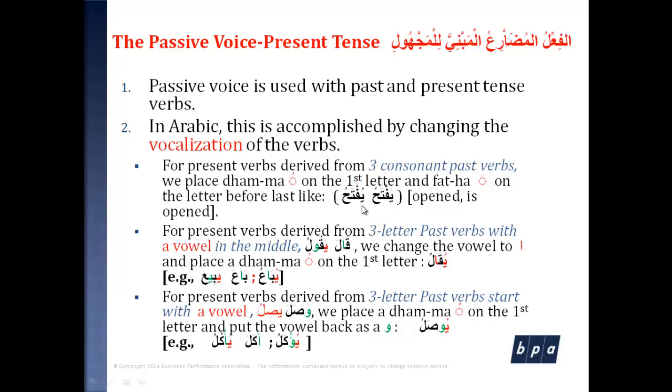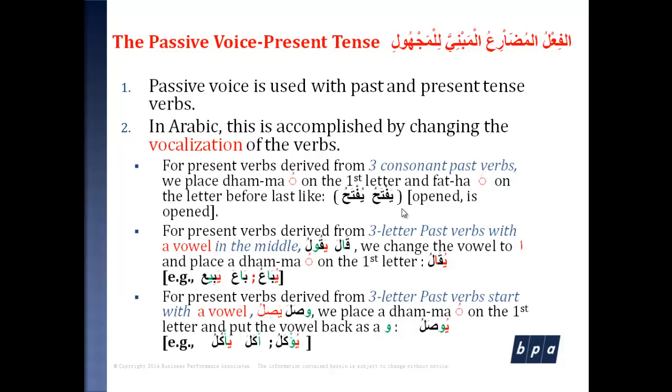Then if you want to make it a passive voice, you change the first letter to a dhamma, and you go to the letter before last and you make that a fatha. This is already a fatha, so we maintain that. So yaftahu becomes yuftahu, the passive voice present tense for this verb.